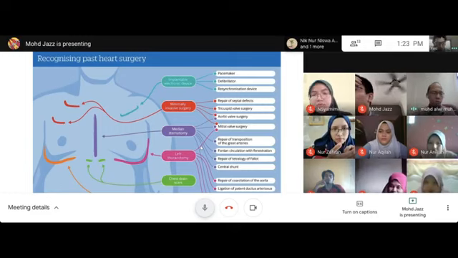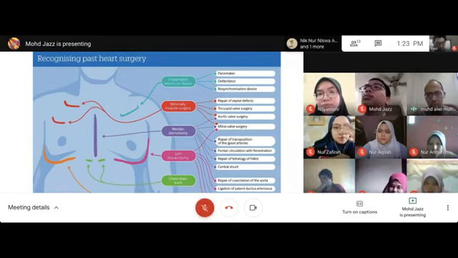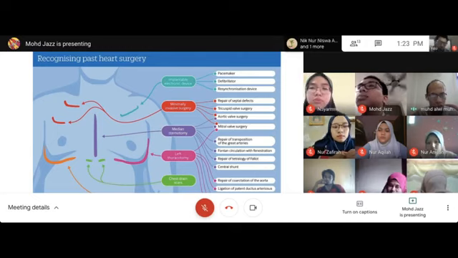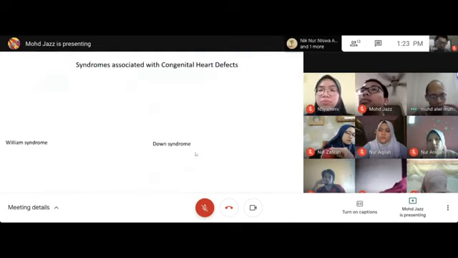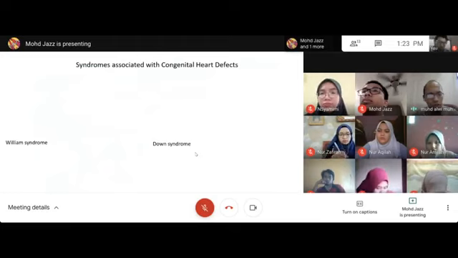So most of them usually die very early. The main complications are cardiogenic shock, heart failure, and on top of that they also develop kidney failure a lot.